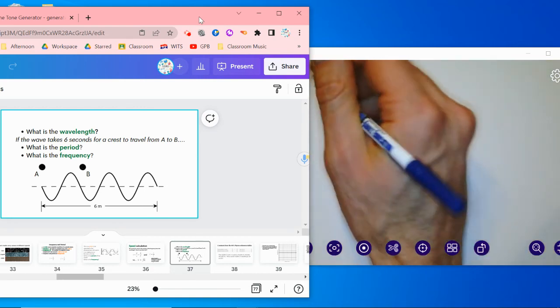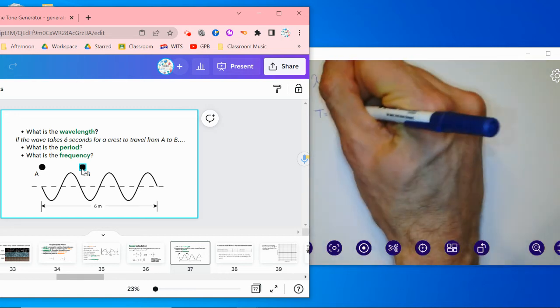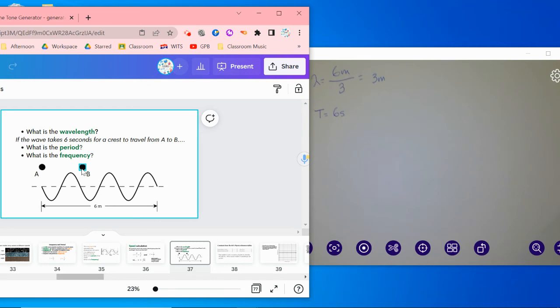So what is the period if it takes 6 seconds for a crest to travel between position A and position B? That looks like the length of an entire wave anyway, so it's going to be the amount of time it takes one cycle to happen, right? So the period is 6 seconds. The amount of time it takes to go an entire crest and an entire trough is the period, and that is 6 seconds.